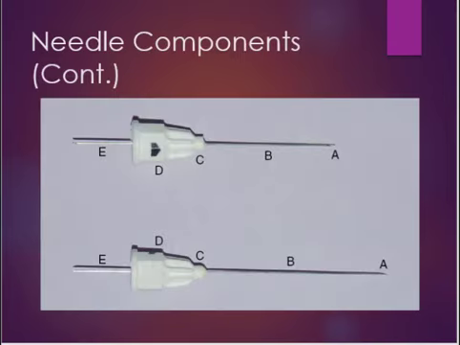So B, the next part is called the needle shaft. The shaft of the needle is the length of the needle, and it's composed of a long tubular metal that extends from the tip of the needle to the hub.